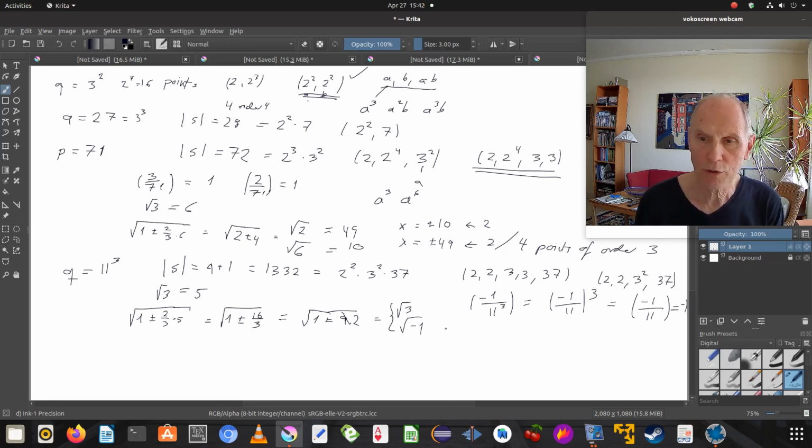So that was a no, but 3 does. So that gives us 2 x values, plus minus square root 3.